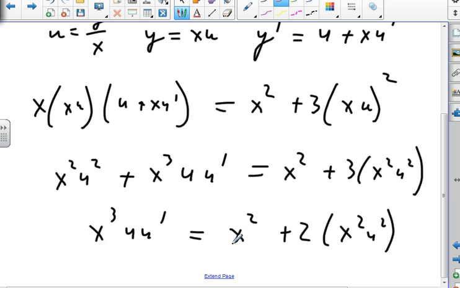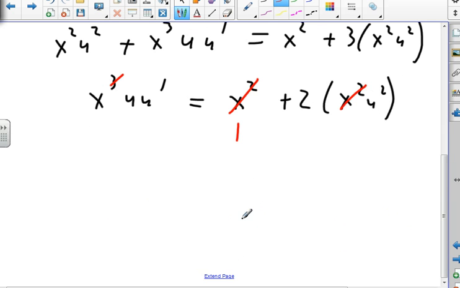Okay, I got a 1 sitting there, and I got that guy and this guy going away. So now I got x u prime equals 1 plus 2u squared.